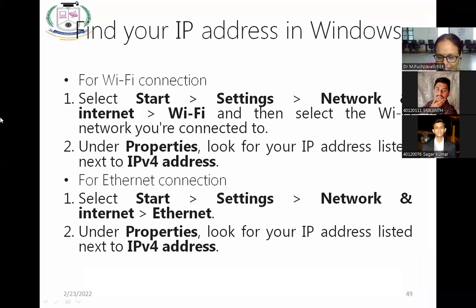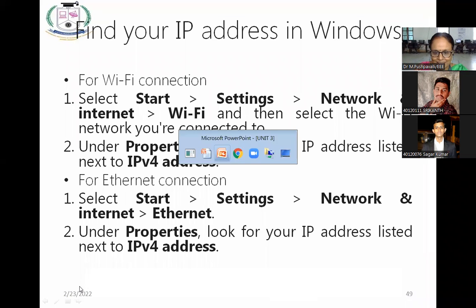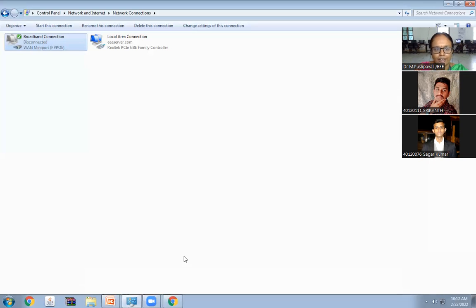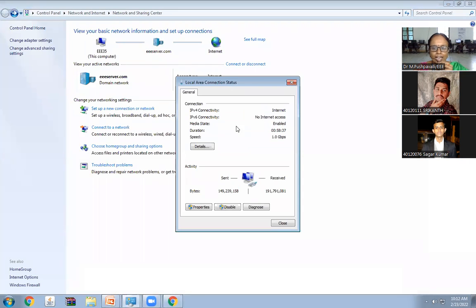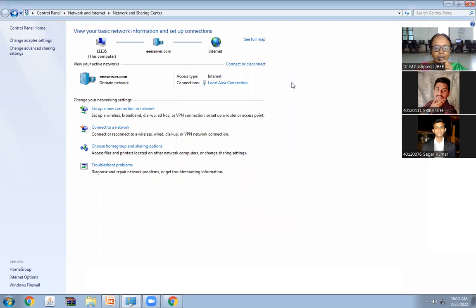Now if I share the system here, can you see this? If I click on this local area connection, here you see IPv6 no internet access, IPv4 connectivity is internet, and this also gives our speed as well as the duration of how long I have been enabled.